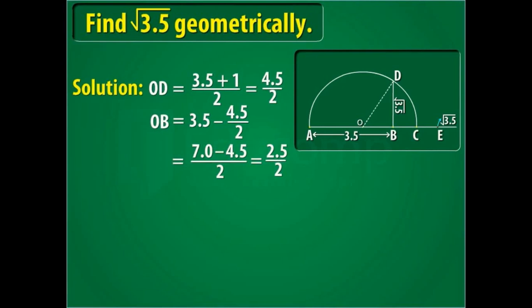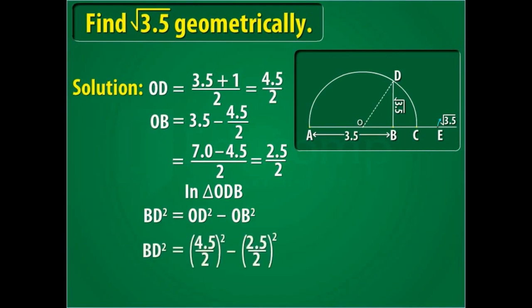Applying Pythagoras theorem to the triangle ODB, we get BD square equals OD square minus OB square. Substituting the respective values of OB and OD in the equation, we get BD equals square root of 3.5.